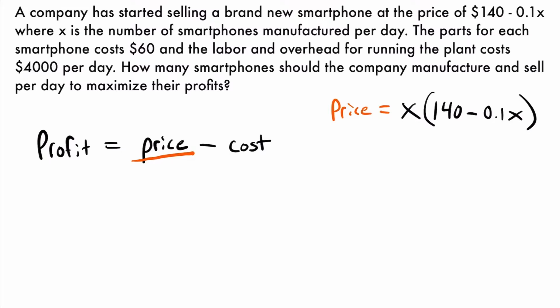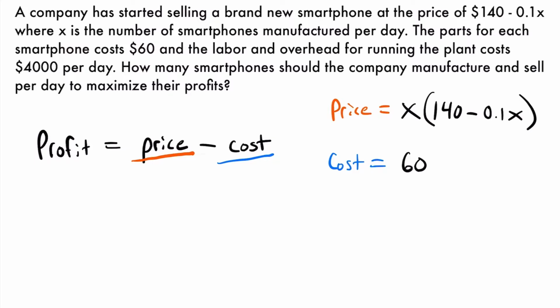Now, we also want to determine the cost per smartphone as well. And that is what we are going to subtract from the price to determine the profit. And so if we go back to our problem here, we have that the parts for each smartphone cost $60 and the labor and overhead for running the plant cost $4,000 per day. So the cost is going to be equal to that $60 per smartphone.